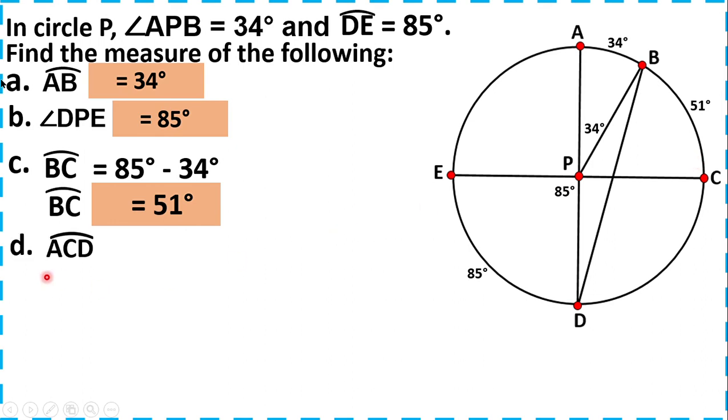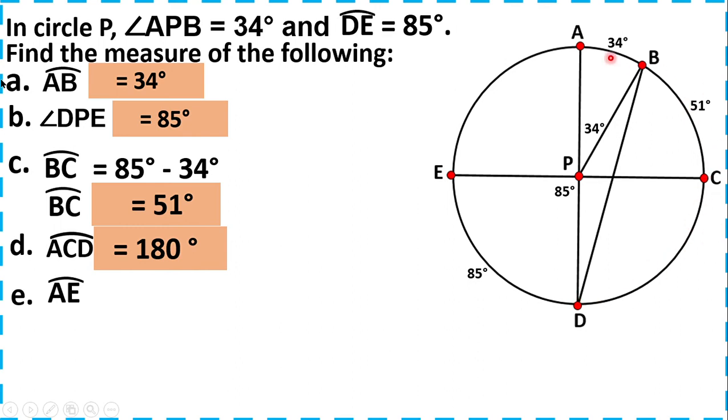Next, let us find the measure of arc ACD. So, dito sa ating figure, this is our arc ACD. Okay? So, arc ACD, what is the measure of arc ACD? Okay. So, arc ACD is 180 degrees kasi ito ay semicircle.